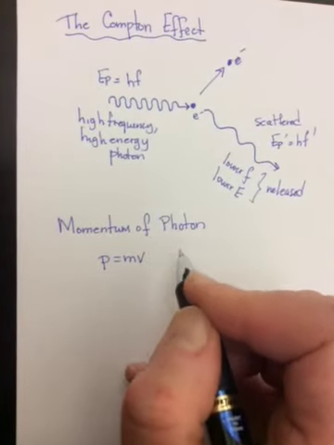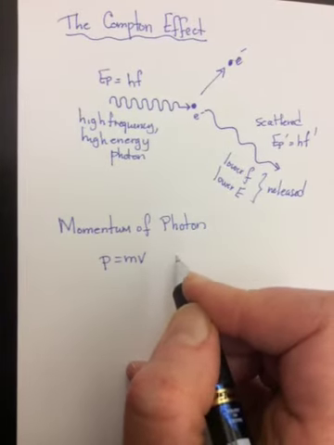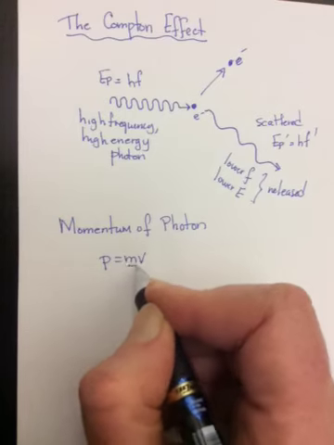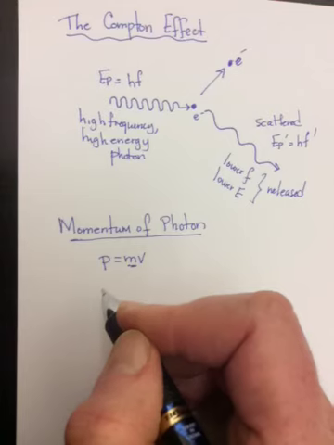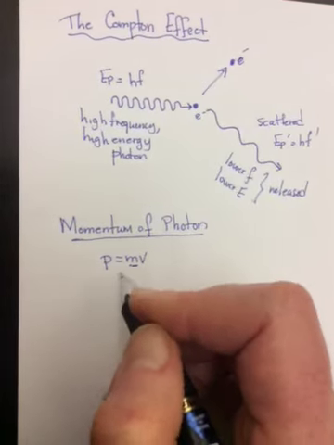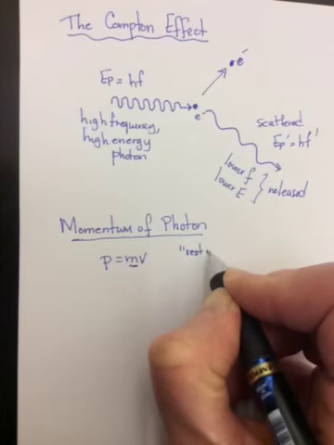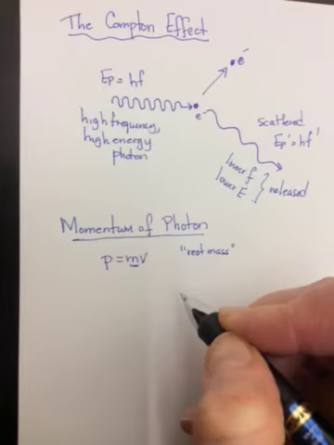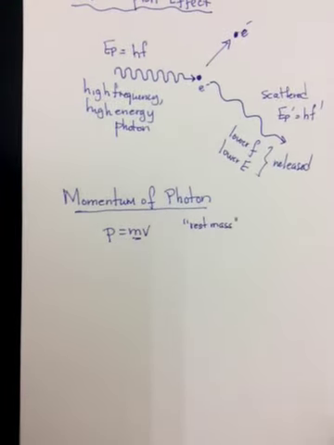Photons are particles of light, so they always travel at the speed of light. Therefore, they never have mass. So how the heck do they have momentum? Okay, so what we say is they have no rest mass because they're never actually at rest. But they do have energy and they do have momentum.